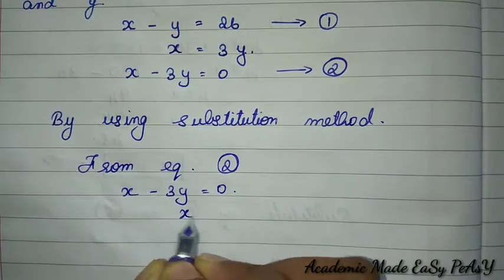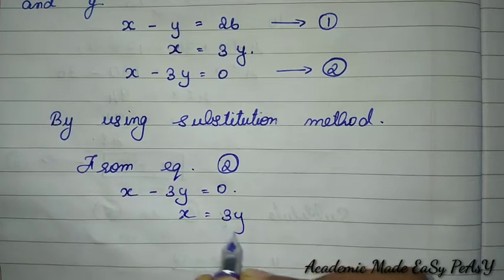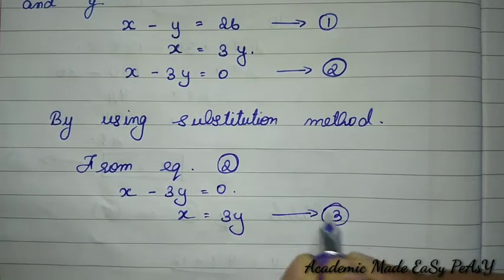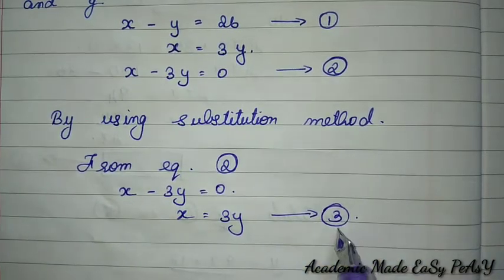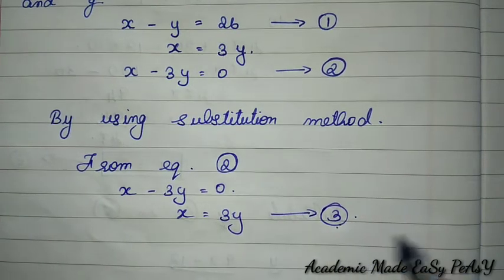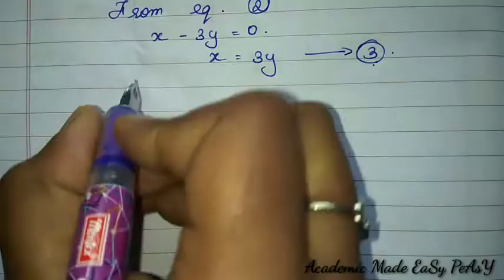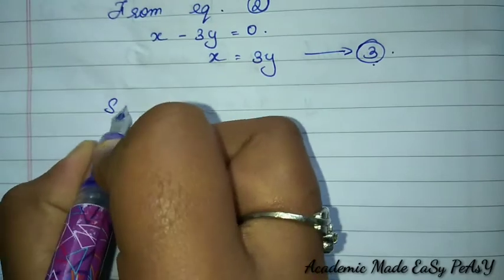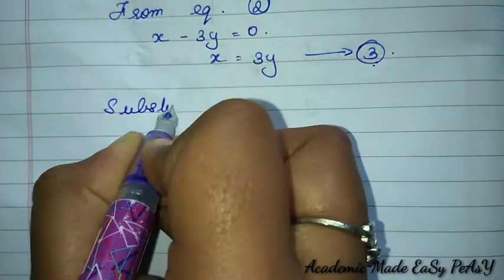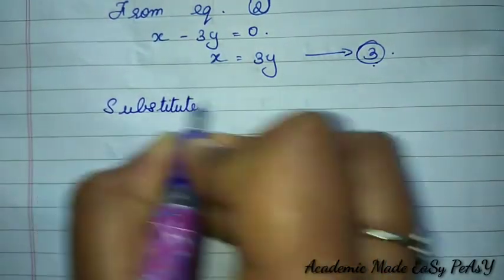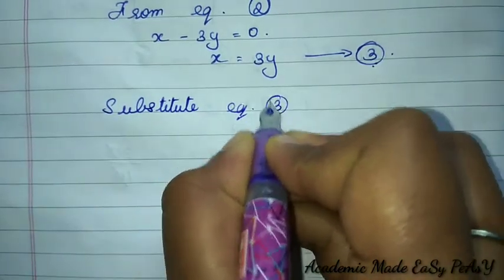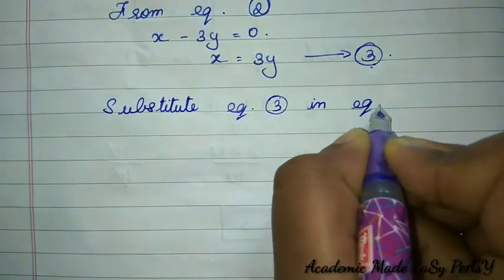So my x is equal to 3y. So let this be equation 3. Now I will be substituting equation 3 in equation 1.